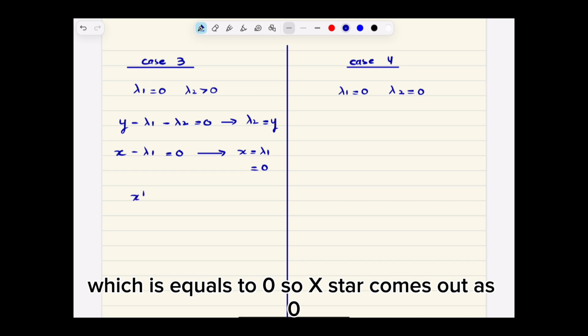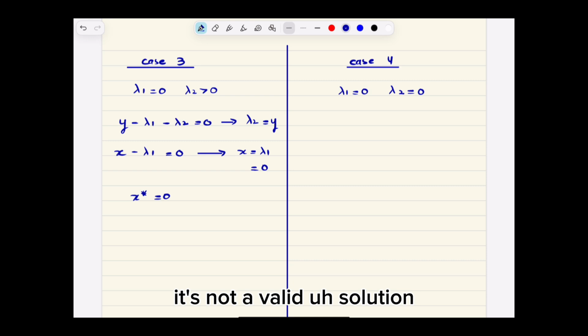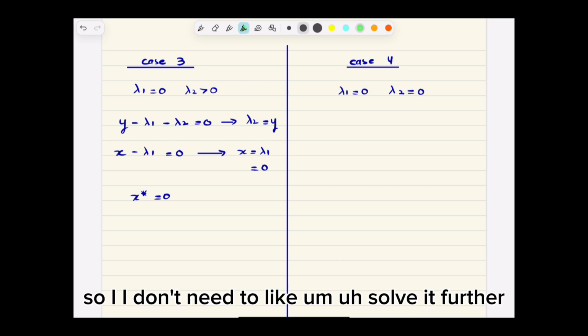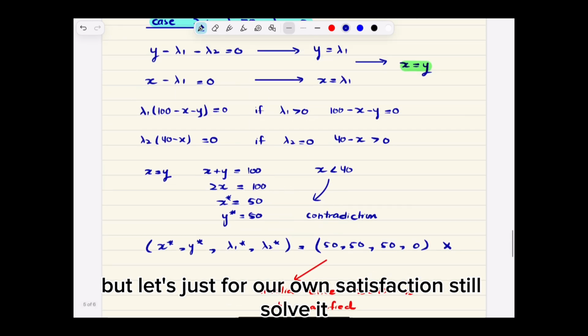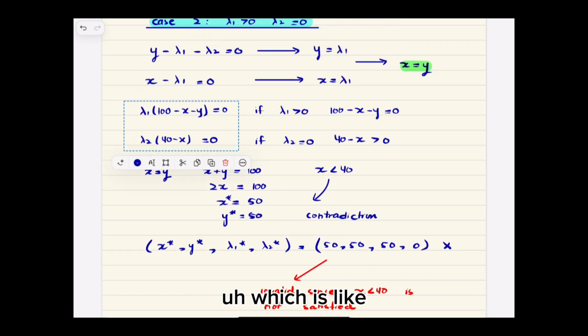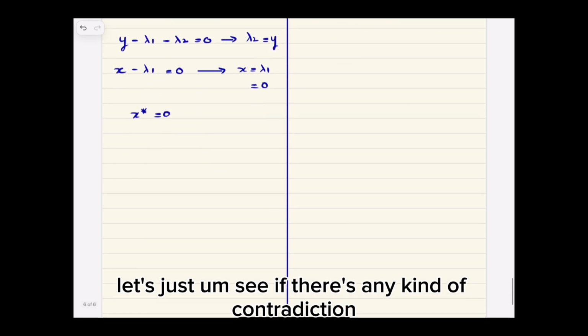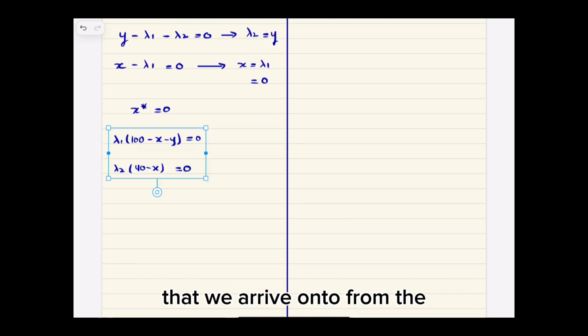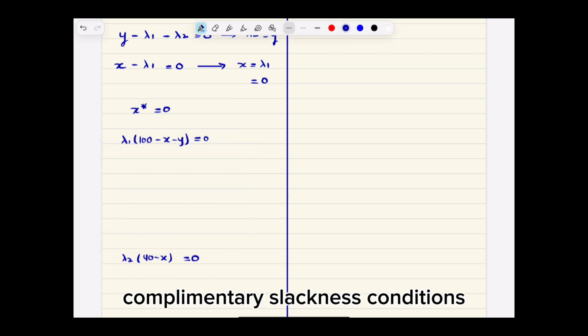So x star comes out as 0, which we actually said is not a valid solution. So I don't need to solve it further, but for our own satisfaction, let's see if there's any contradiction that we arrive at from the complementary slackness conditions.